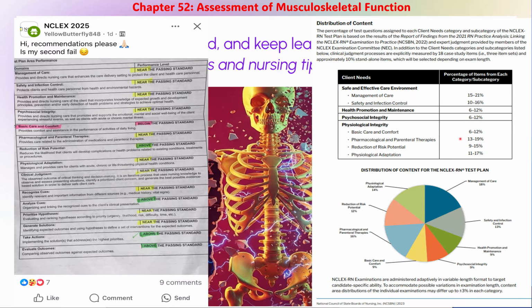And then moving forward, let's say the next question has pharmacology and again basic care and comfort, and the candidate does pharmacology well but doesn't select the basic care, and that's why the NCLEX might give you a below.